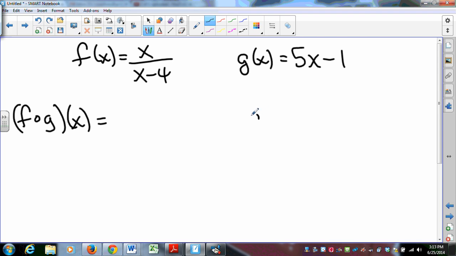I'd like to know what g inverse of 9 is. That means you have to find out what the inverse function is for g and then evaluate at 9. And then if you're really good, I want to know what f inverse of x is. I want to know what you get if you flip-flop the y and both x's and solve for y. That seems like that would be a fun question for you to do.